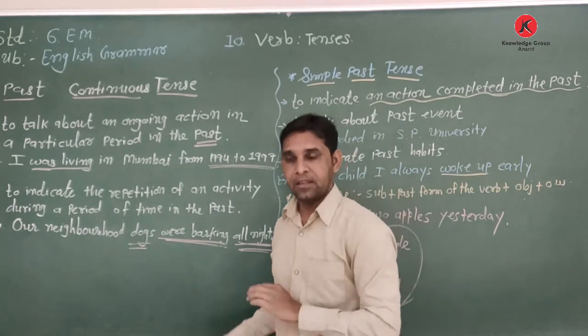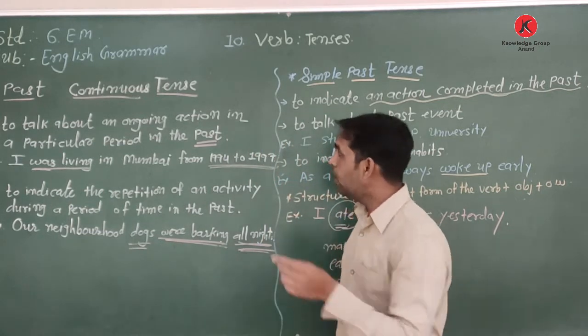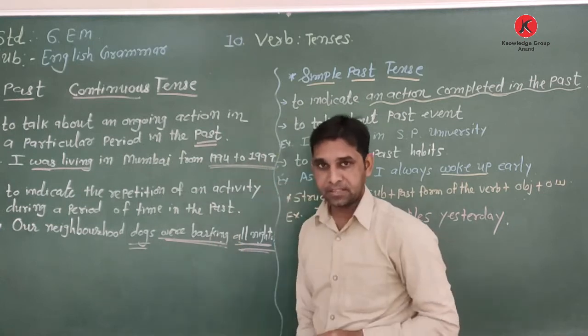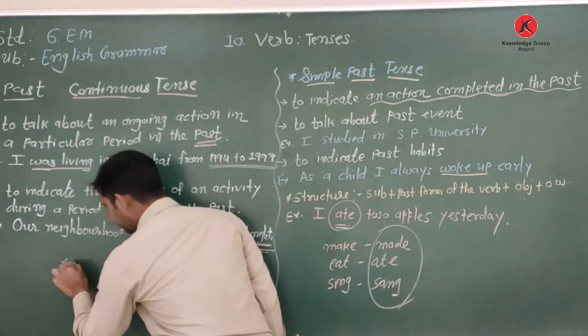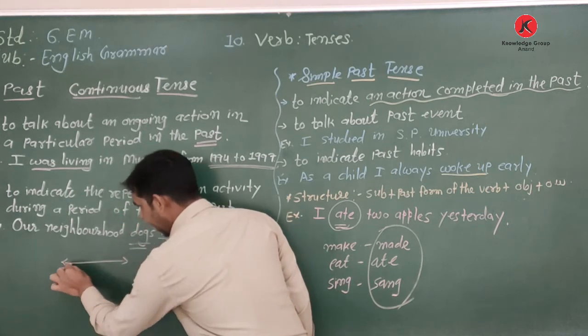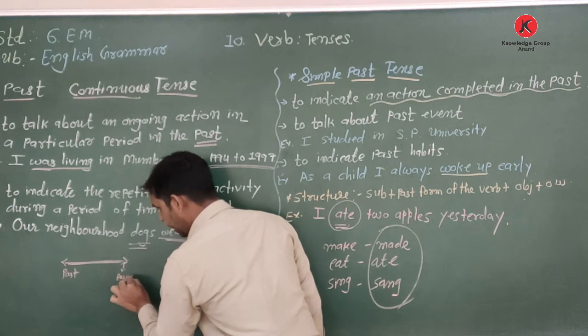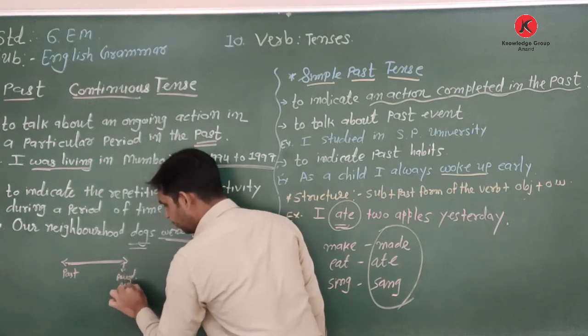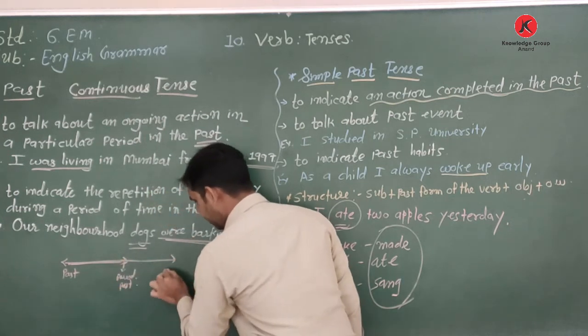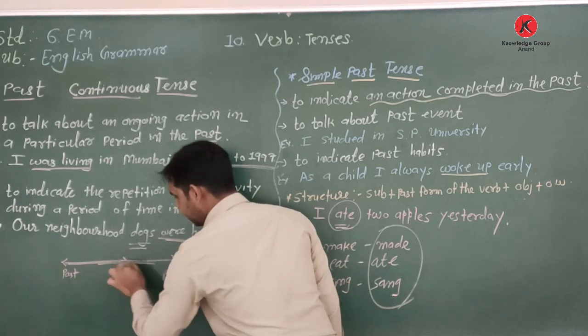During the night, this action was continuing. So, in the past continuous tense, the action starts in the past and continues during a period of time in the past. Okay? And here we talk about this past action continuing.